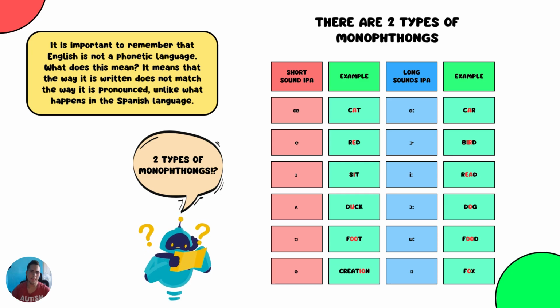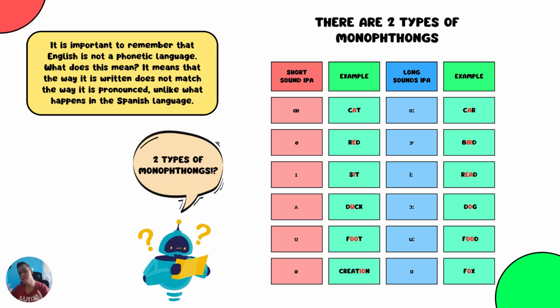We have the short IPA symbols, here in red, because there are two types: short sounds and long sounds. We have a as in cat. We have a as in car. We have e as in red. We have er as in bird. We have i as in sit. And i as in read.